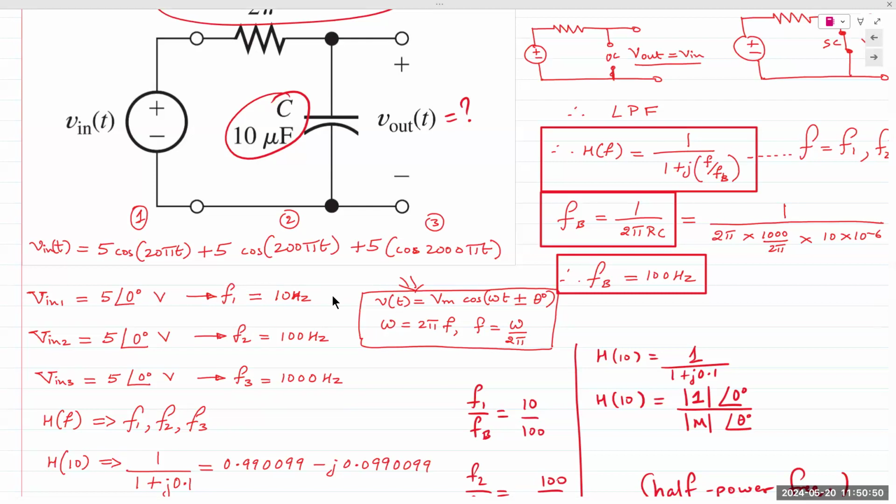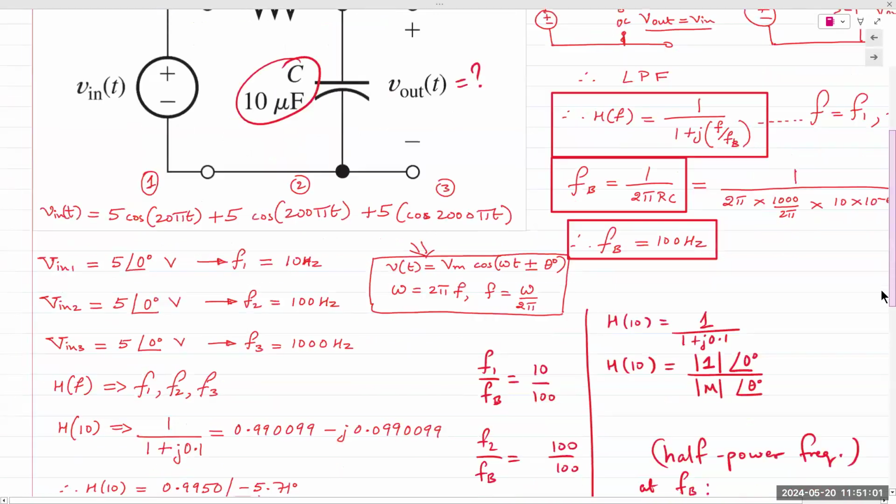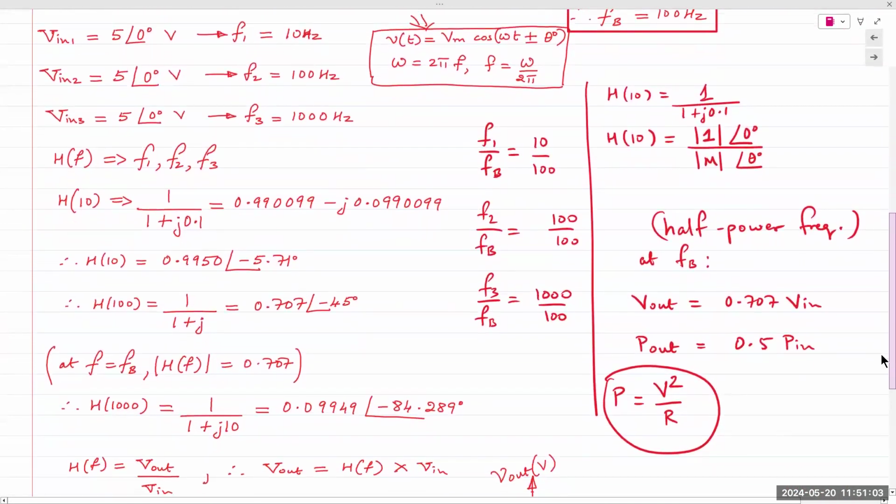Absolutely. So the question being asked is, wouldn't a frequency of 1000 get blocked? And that is what we will determine. So H of f is evaluated at f1, f2, f3. We plug in the values of f. Again, f is the variable.